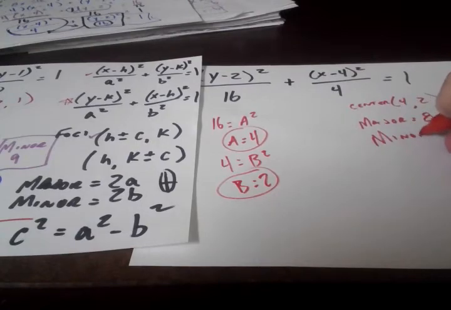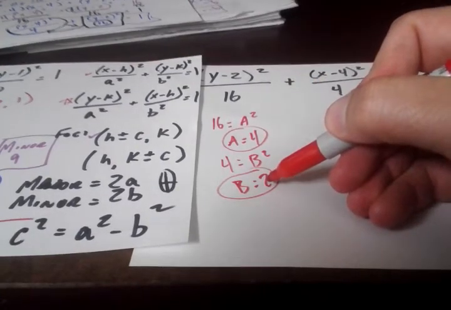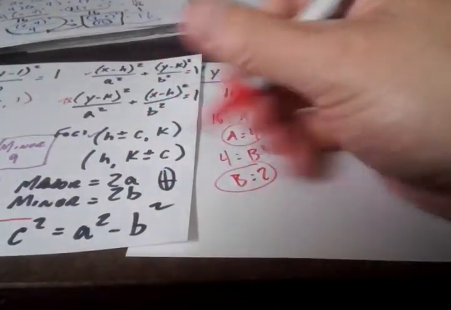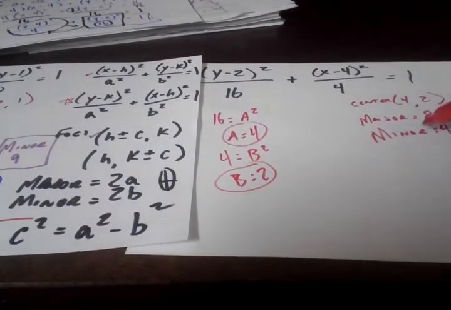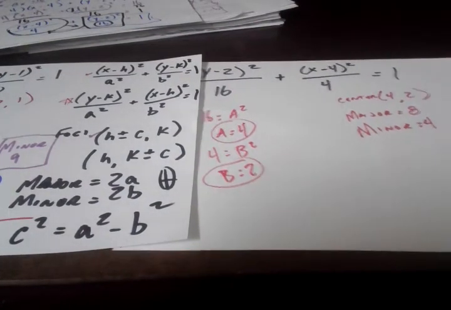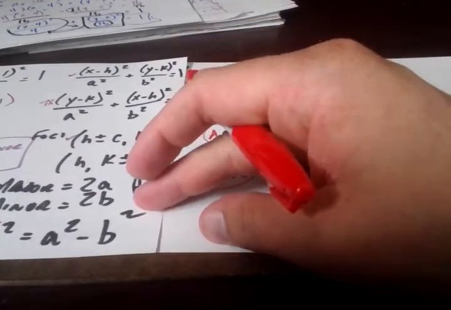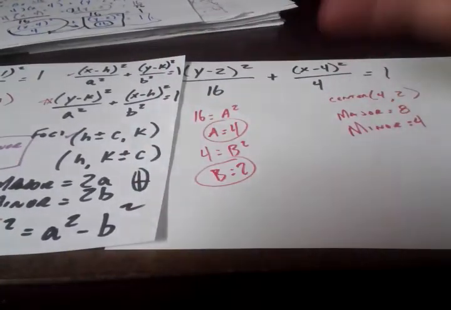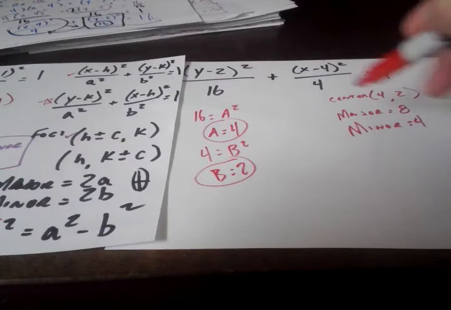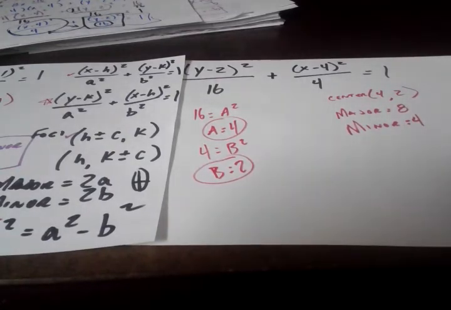Now for the minor, we need to take b and multiply it by 2. So 2 times 2 gives us 4. The minor axis is 4. This should be just what we did yesterday, a refresh from last week, and what we're doing this week is how we're finishing.